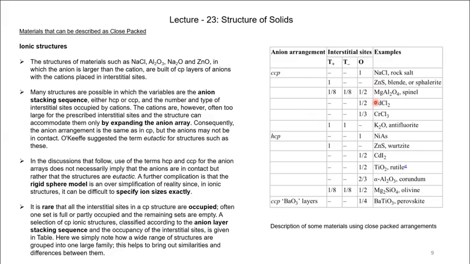We take an example of cadmium chloride. The chloride ion has a cubic close packed structure, and half of the octahedral sites will be filled by cadmium. 1/3 of the octahedral sites will be filled by chromium, and that is what we call the chromium chloride structure. So far we have discussed this.